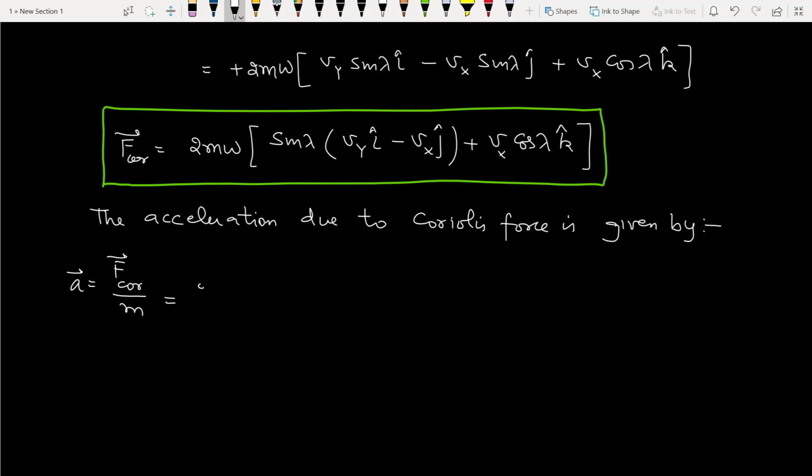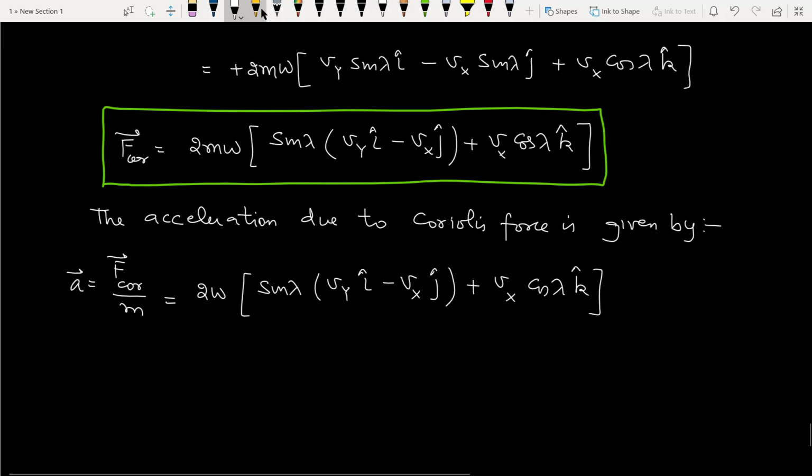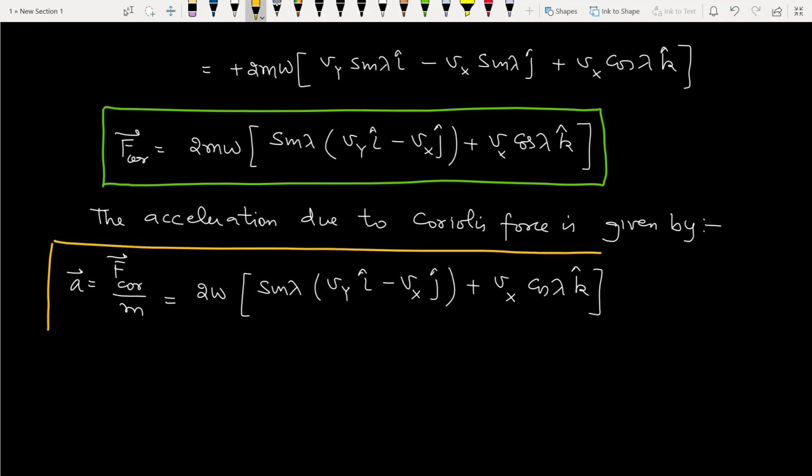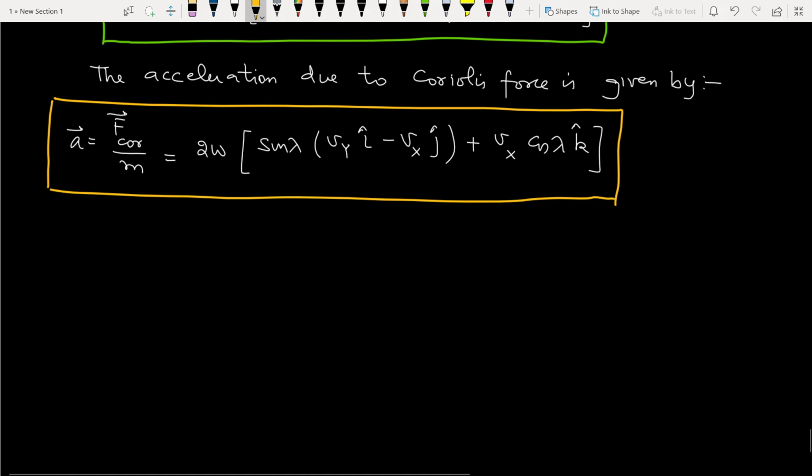So m cancels, so it will be 2 omega sin lambda Vy i cap minus Vx j cap, plus Vx cos lambda k cap. So this is the expression for Coriolis acceleration. It will have two components.